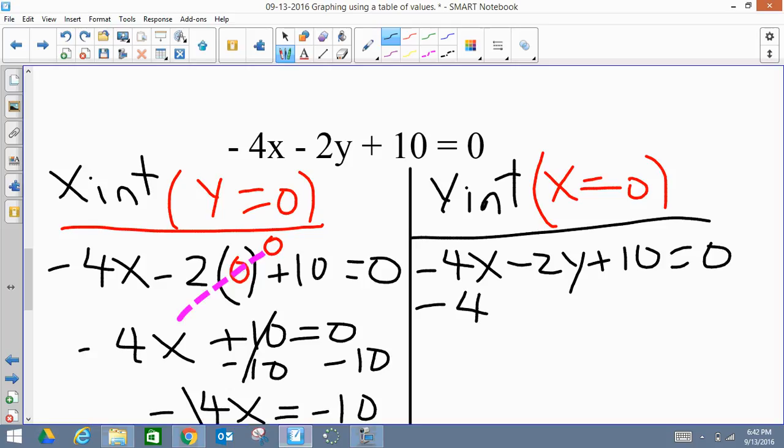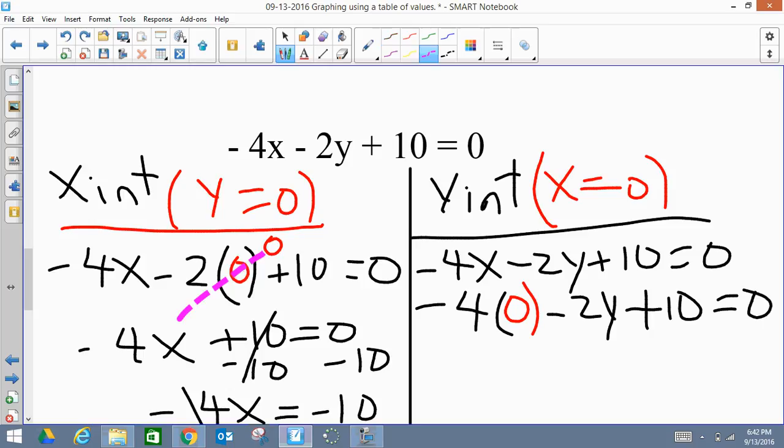Negative 4, instead of the x, I'm going to put a 0, minus 2y plus 10 equals 0. Anything times 0, in this case negative 4 times 0, gives you a 0, so it cancels out. I bring down negative 2y plus 10 equals 0.